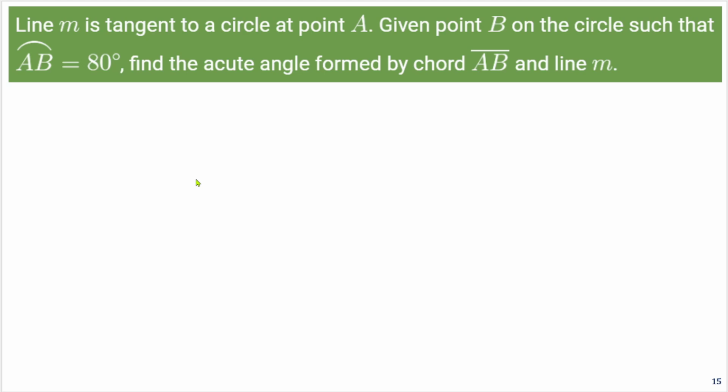Line M is tangent to a circle at point A. Given point B on the circle such that arc AB is 80 degrees, can you find the acute angle formed by chord AB and line M? So I draw the diagram for you here.